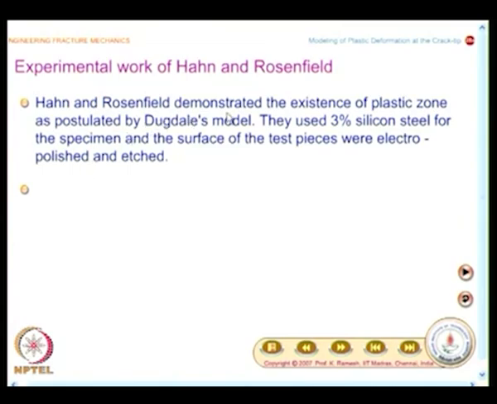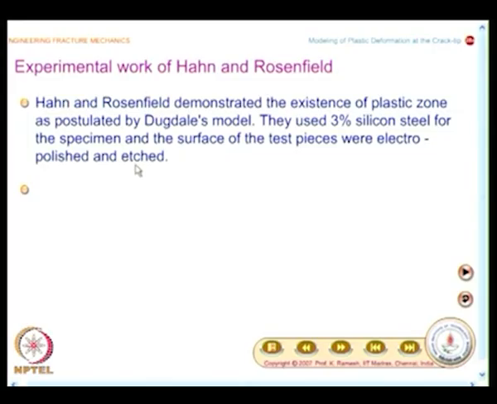They demonstrated the existence of plastic zone as postulated by Dugdale's model, and what they did was they used a 3% silicon steel for the specimen, and the surface of the test pieces were electropolished and etched, and this etching is a very special process.